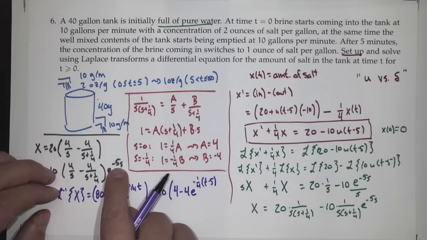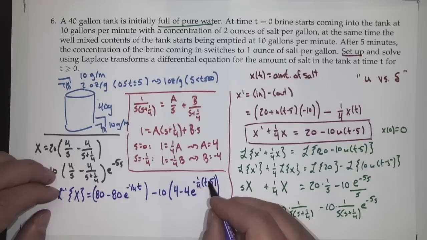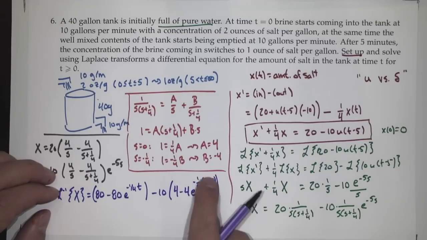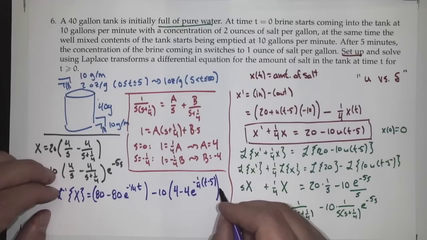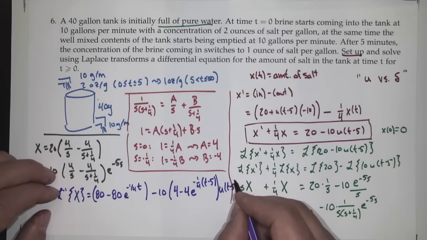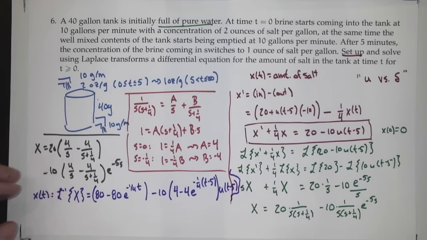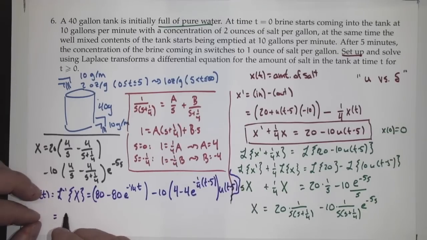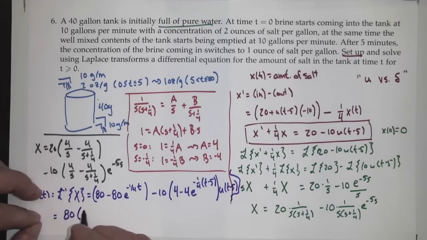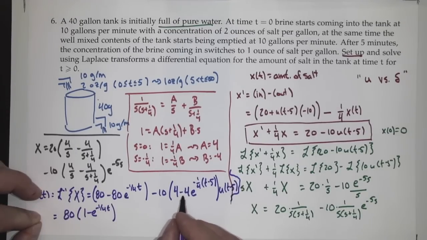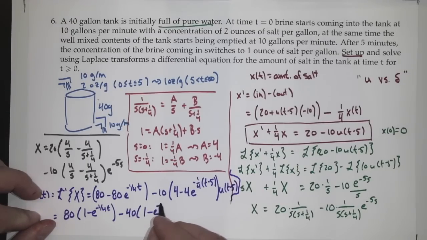We're shifting by 5. So this is our f of t minus a. And the last thing we have to add is u of t minus a, so u of t minus 5. If we write that a little better, this becomes 80 times 1 minus e to the minus 1/4 t. And here we can pull out a 4. So subtract 40 times 1 minus e to the minus 1/4 of t minus 5, times u of t minus 5.